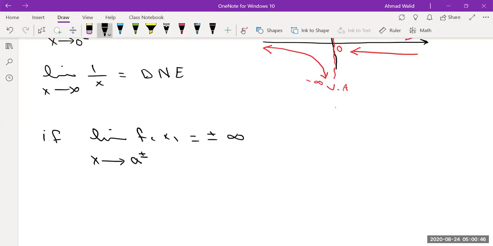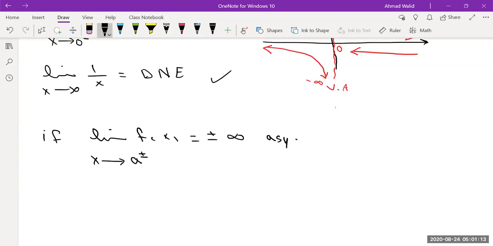That means that's your asymptote. For example, in some examples later in chapter 3, when we are graphing curves, curve sketching, we use the idea of the limit to find the vertical asymptote.